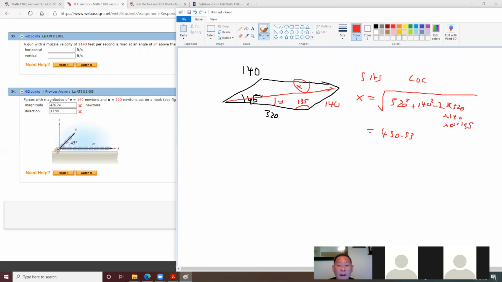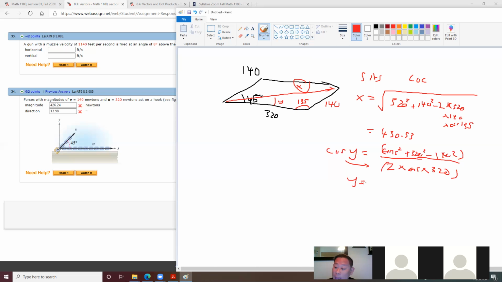And then in order for us to find the angle y, cosine of y is ans squared, which is 430.53, plus 320 squared minus 140 squared, over 2 times ans, which is 430.53, times 320. Put your parentheses here, and then do the arc cosine after that. So this is actually faster than using the vector way.